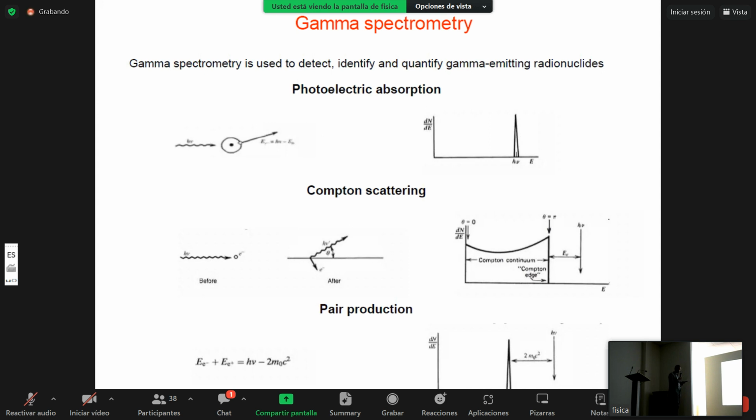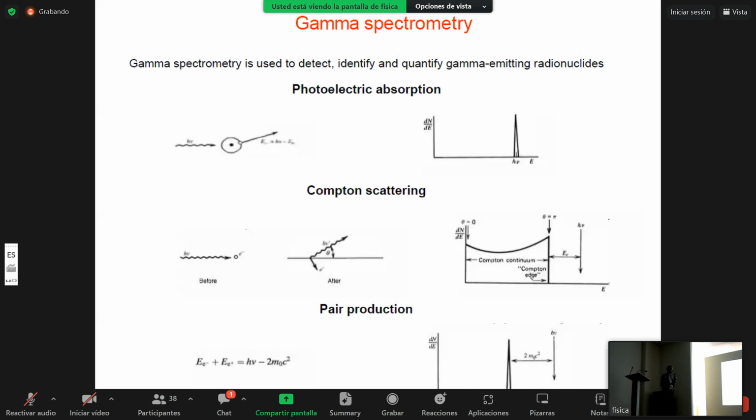And to understand this, we have to come back to our first lecture, where we were discussing three processes which happen in matter when gamma rays interact with materials.